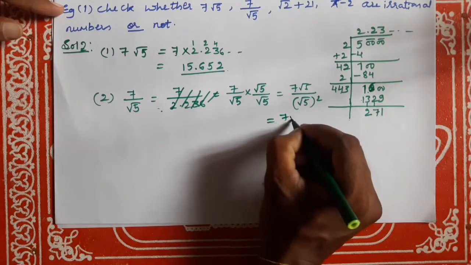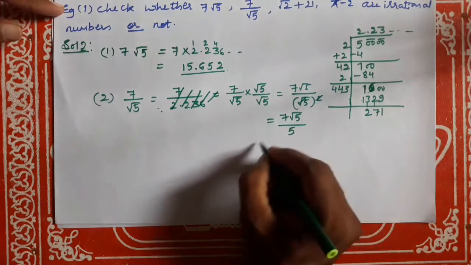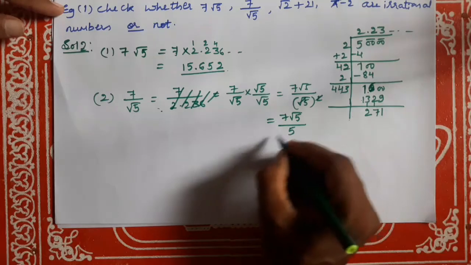The square root will get cancelled, the remaining is 5.